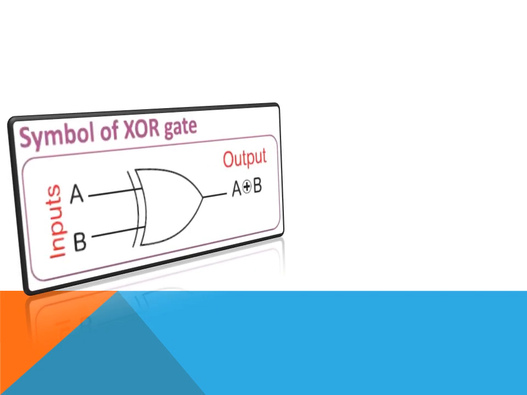This is the symbol for XOR gate. The inputs are A and B and the output is A encircled plus B.